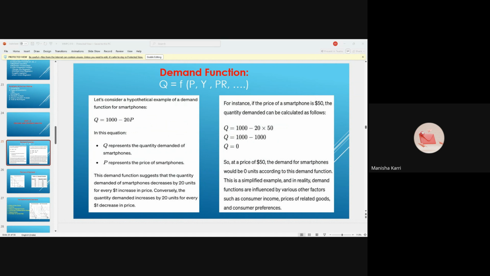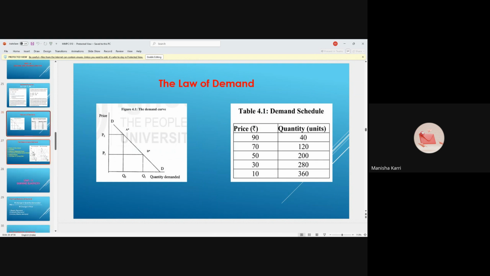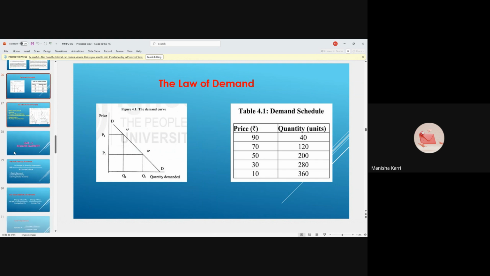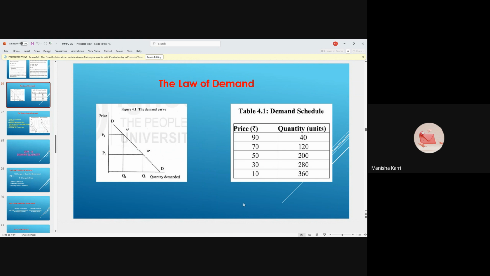Another important topic is the law of demand. For most goods, consumers are willing to purchase more units at a lower price than at a higher price.